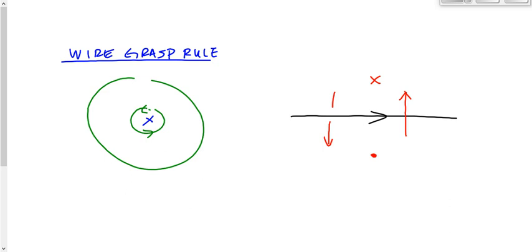I split that arrow just to indicate that it's behind the wire. If you don't like that symbol, it's not really a big deal. Just express it in words. What they probably do on an exam is draw a better three-dimensional picture. I just don't want to try to go there because I'll just mess it up and confuse you if I try to do that. As long as that symbol makes sense to you, good.